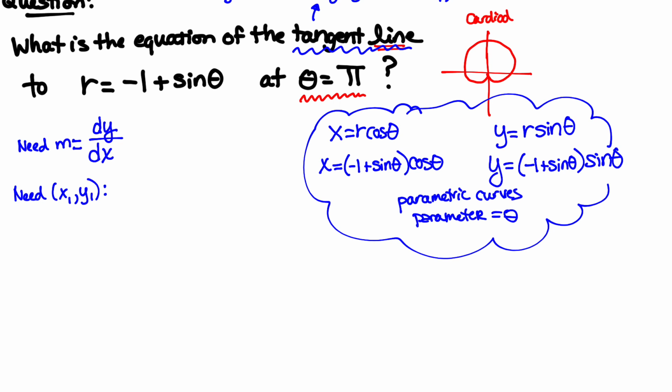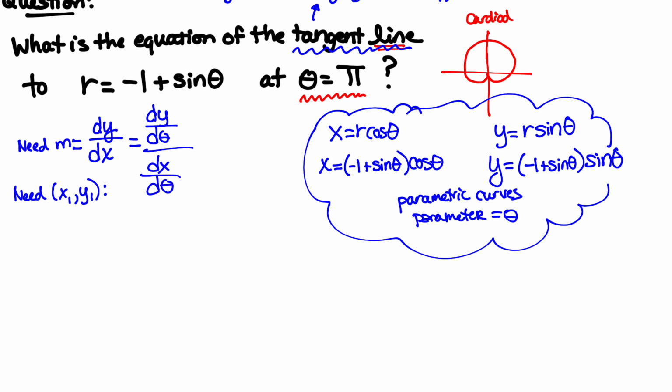So what do you think the slope is going to be? dy d theta over dx d theta. Exactly. So we are simply taking what we just spent a week learning. There's nothing new except we're replacing t with theta. So to get dy dx, we have to take dy d theta over dx d theta.